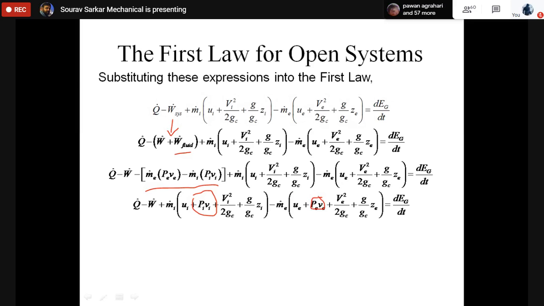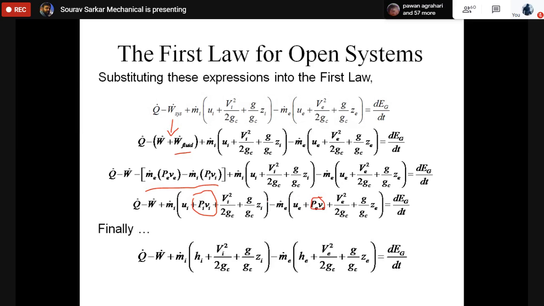And finally, this U plus PV, we know it is basically the enthalpy. So I can express this as enthalpy. So this is my enthalpy, and this is the final form of the energy balance equation.